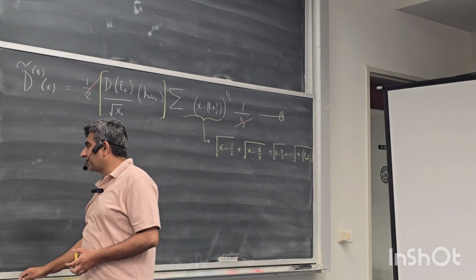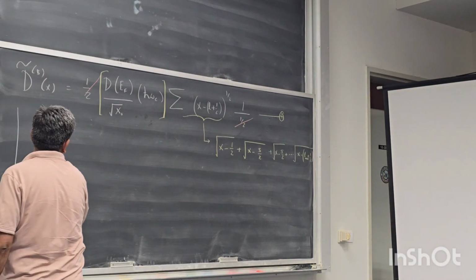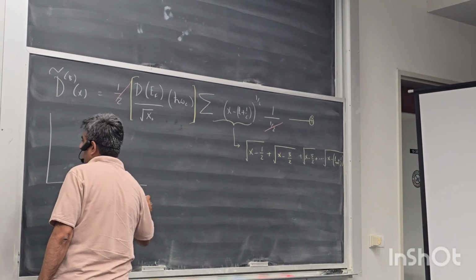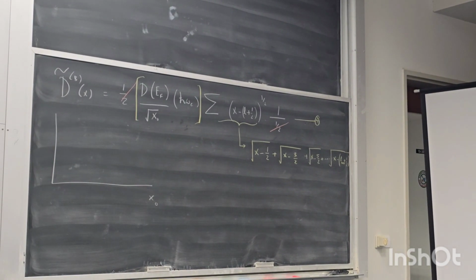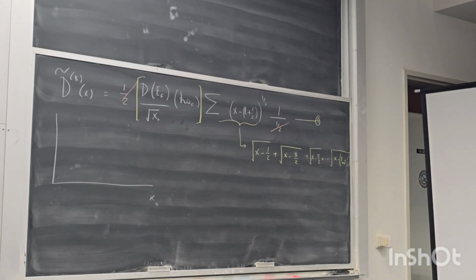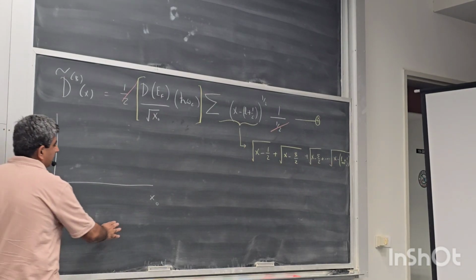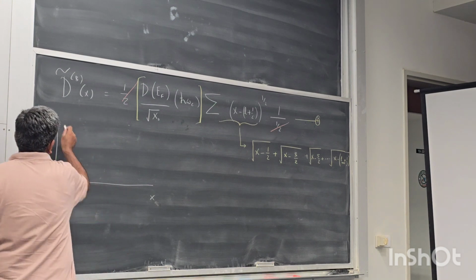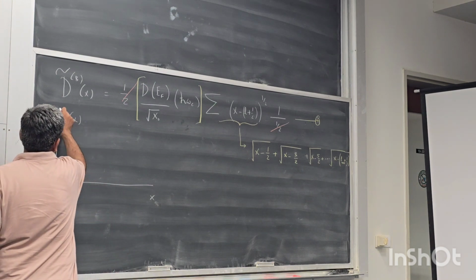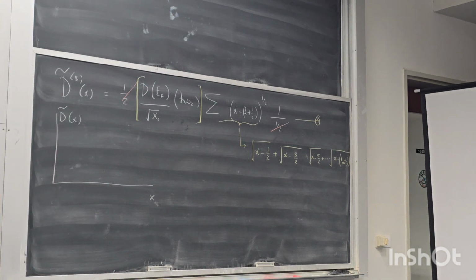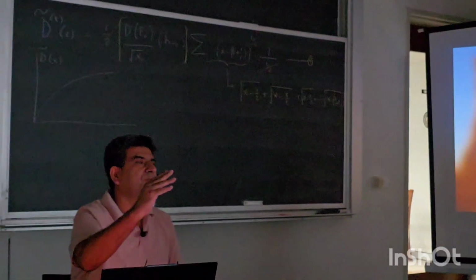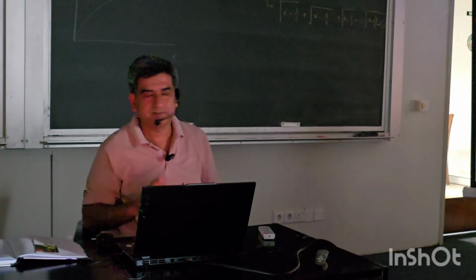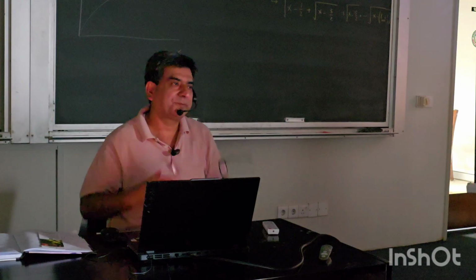So can you make a prediction for how, if you were to plot with respect to x, dx integrated, what will this plot look like? We plotted the density of states. Now we're going to plot the integrated density of states. So on the y-axis for the integrated density of states, you have the number of electrons, right, up to a certain level.